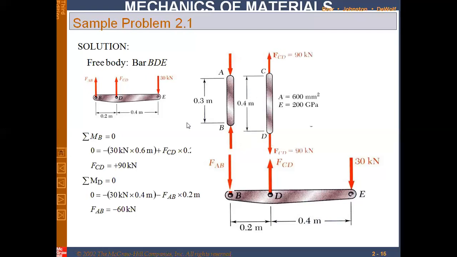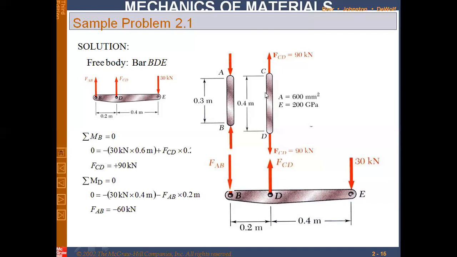Now let's also draw our second link CD. So this is the load which this link is exerting on the joint D. Joint D would exert the same amount of load at this point D of the link, but the direction would be opposite. So FCD is 90 kilonewton. Then to make this link in equilibrium, if load FCD is acting in the downward direction, at this point C the load would be in the upward direction.